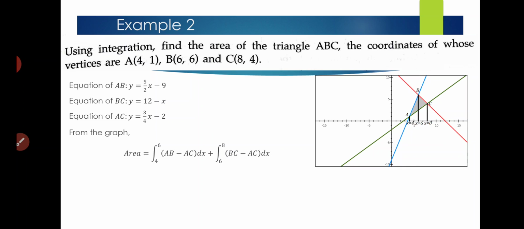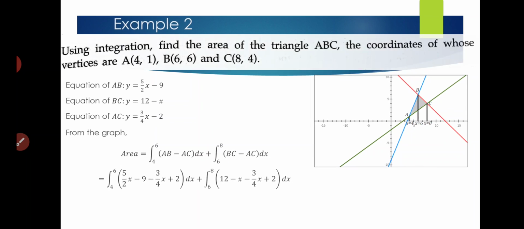Now let us put the values and calculate. So from 4 to 6 I have 5x/2 minus 9 minus (3/4 x minus 2), and 12 minus x minus (3/4 x minus 2).